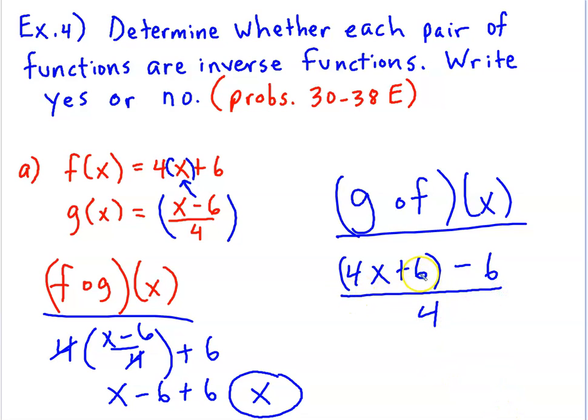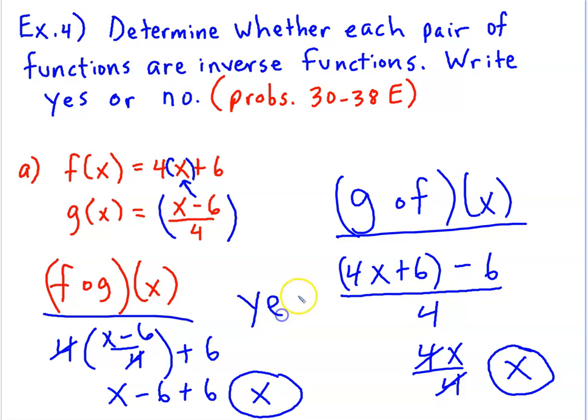Then simplify. Well, 6 minus 6 is 0, leaving me with 4x divided by 4. I can cancel factors. So sure enough, I got x when I did each of these composites. So my final answer: I've proven that these two functions are inverses.